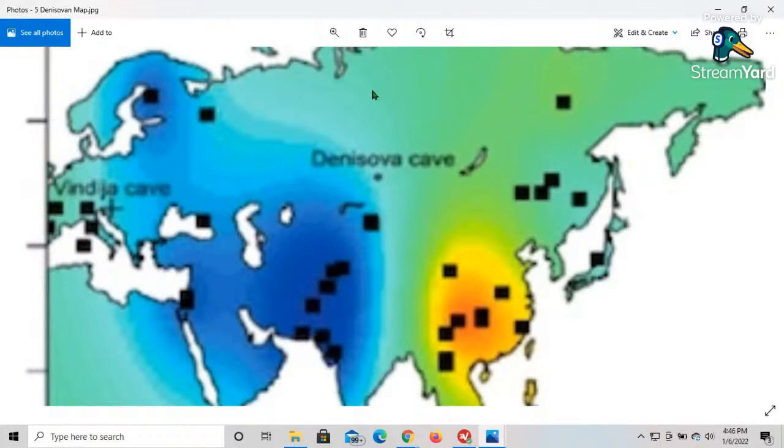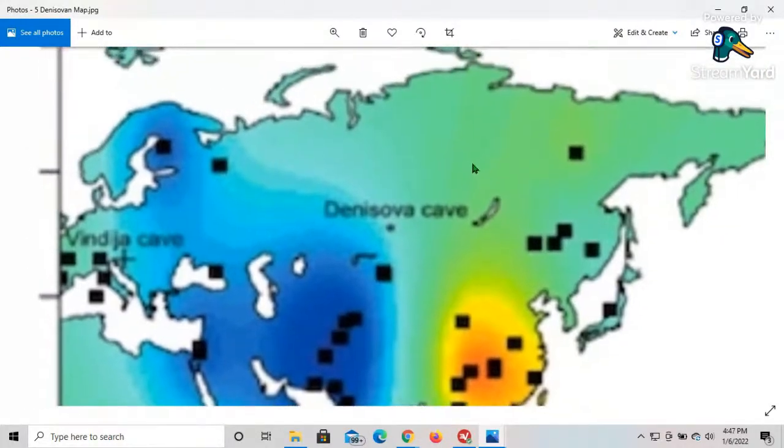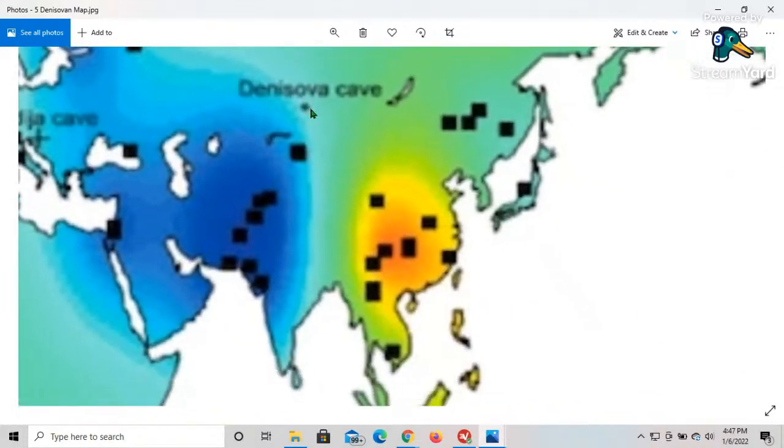In between Meshech and Magog down here is the Hamitic population of the descendants of Nimrod, which is, of course, mixed with the Japhethite population, the Eurasian population. So that's the reason why there is Denisovan way up here, because Denisovan is a mixture of both Hamitic and Japhethite DNA.